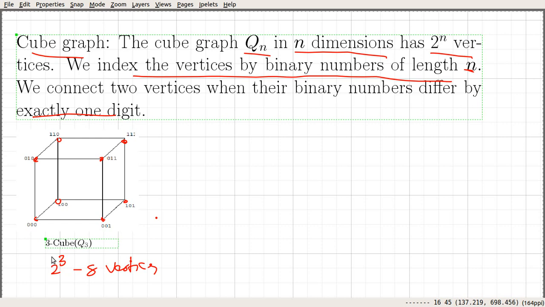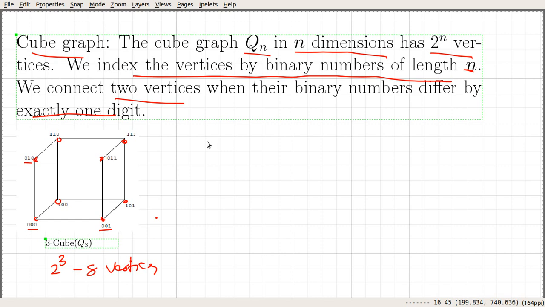So here we are dealing with Q3 or a 3-cube. So we consider binary strings of length 3. So this is 000, 001, okay, and 010 and so forth.